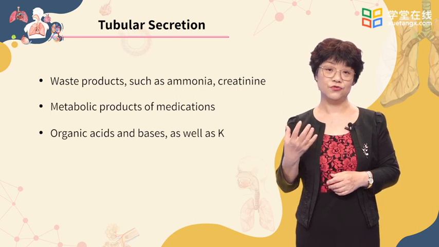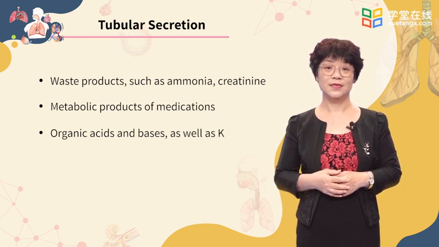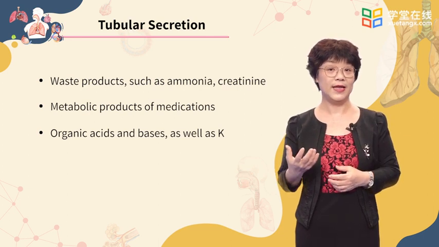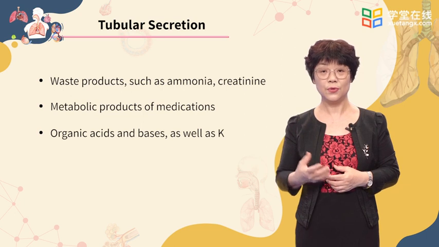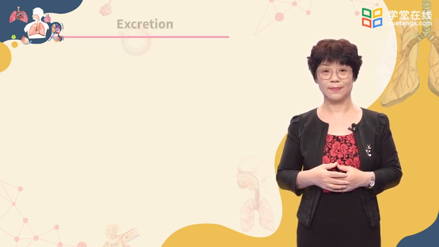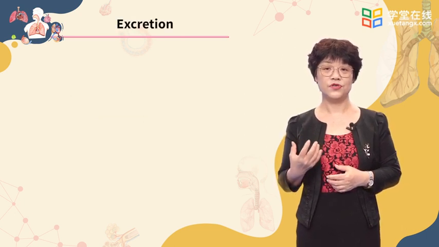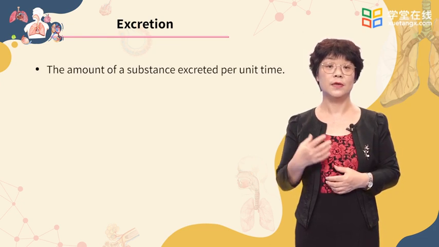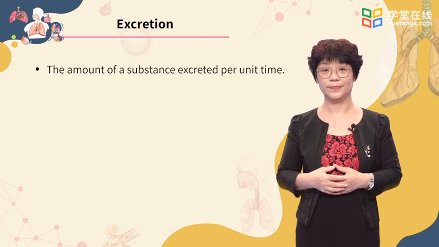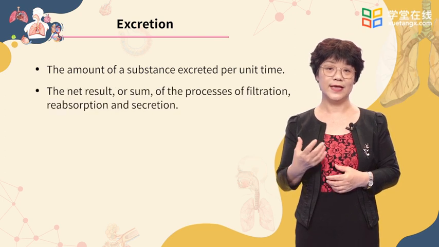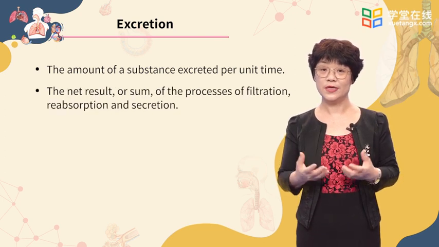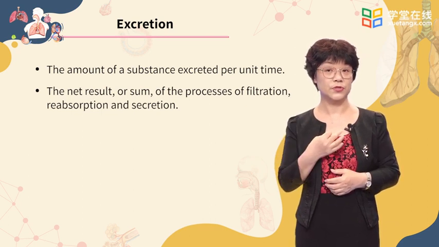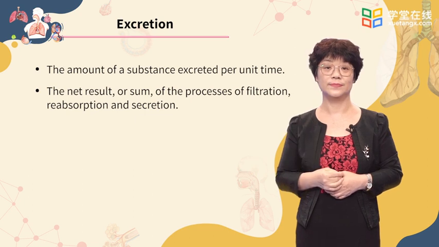Thus, in addition to filtration, secretion provides a mechanism for eliminating substances in the urine. Excretion refers to the amount of a substance excreted per unit time. Excretion is the net result, or sum, of the processes of filtration, reabsorption, and secretion.